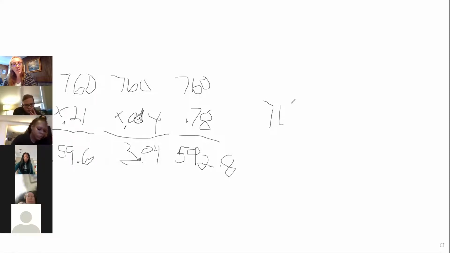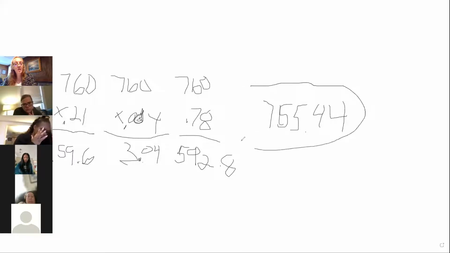755.44. So what that says is that of the 760 torr at sea level of air pressure, the nitrogen gas, the carbon dioxide gas, and the oxygen gas add up to produce 755.44.